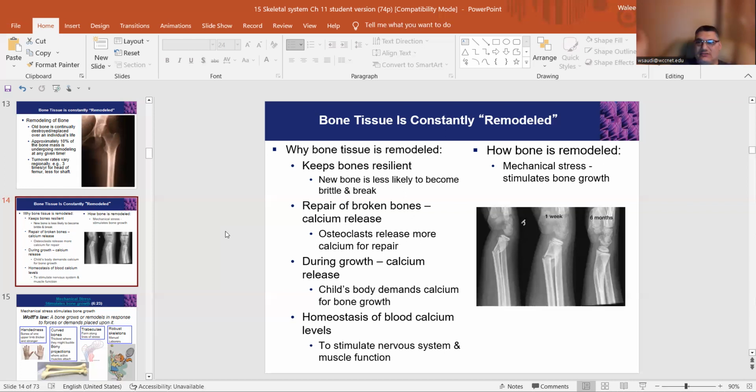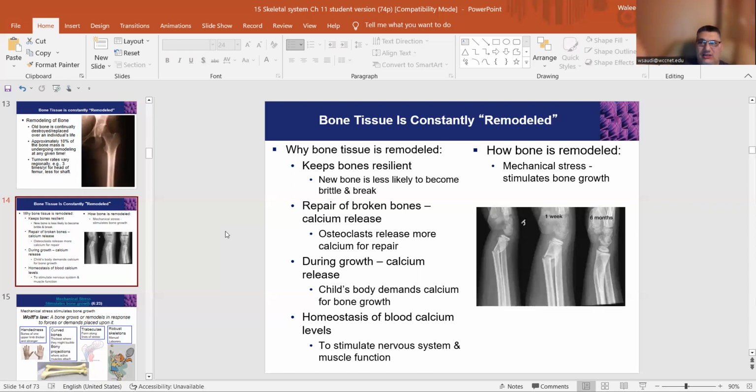The opposite is if you're not even doing the normal activities, like you're laying down in a bed, like somebody having a chronic illness and laying down all the time. Now the opposite will occur. The osteoclasts will take the upper hand. Of course, these cells don't think. All they do is ask, are you using the bone or not? I'm using the bone, just normal, we will keep the balance.